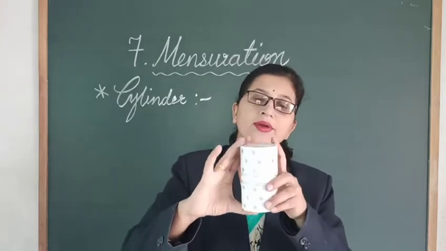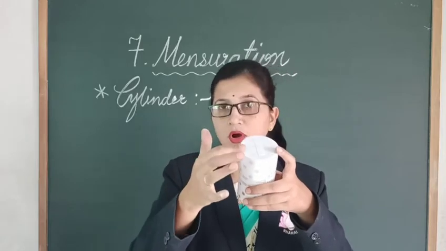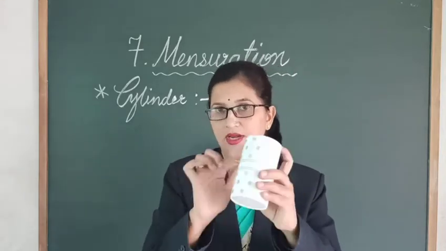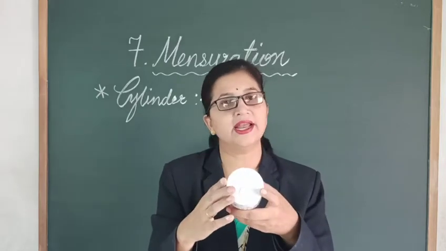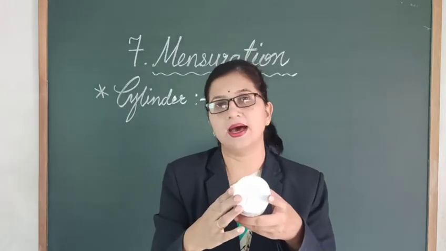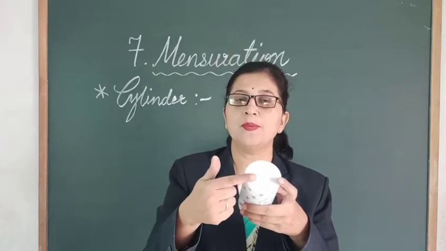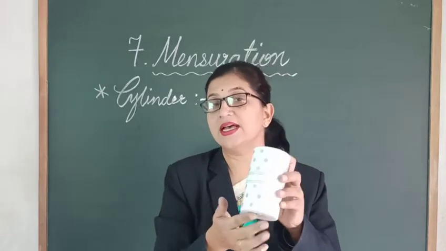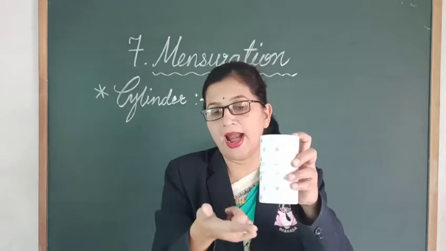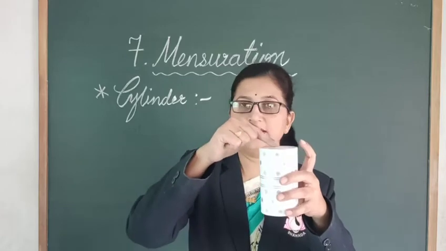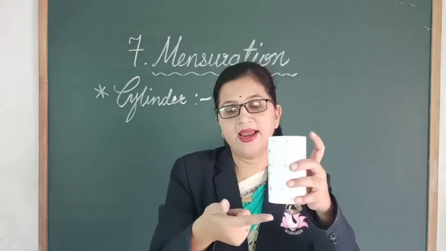Now the area of this top and the area of this base are both equal. So we get the area of circle, that is pi r square. We'll multiply it by 2, so we get 2 pi r square, which is the area of this top and base.